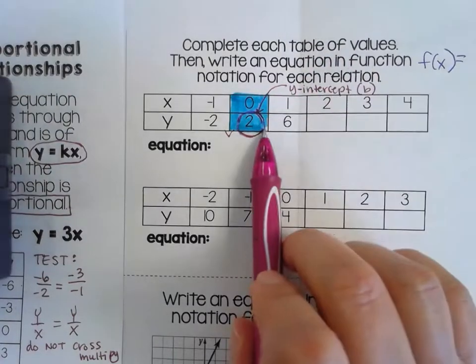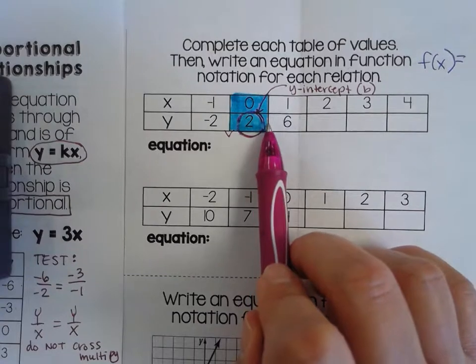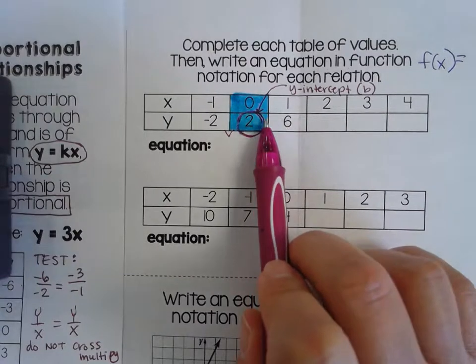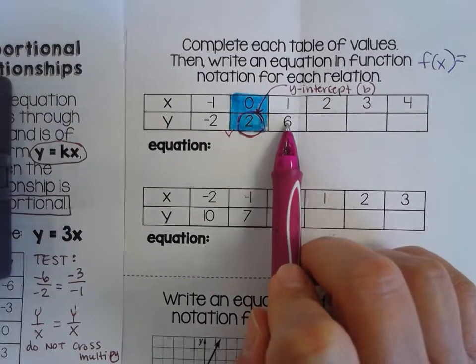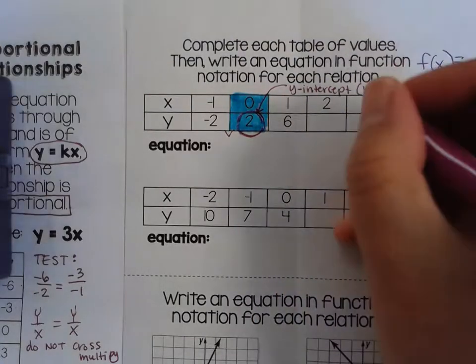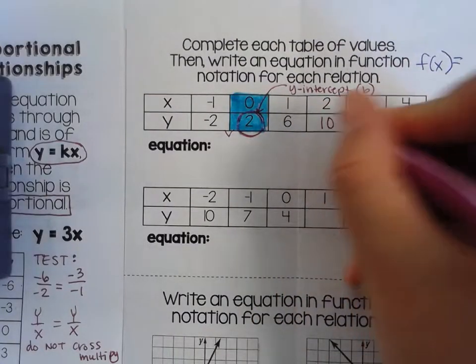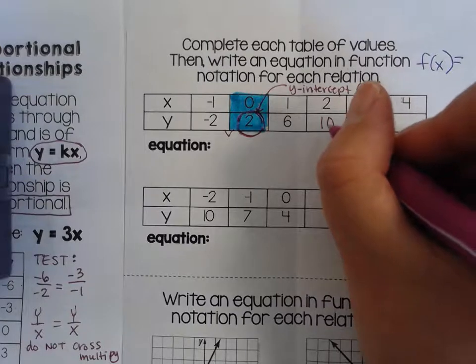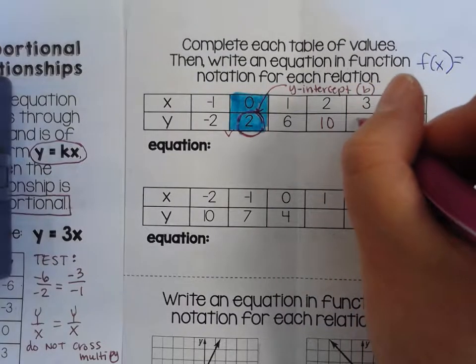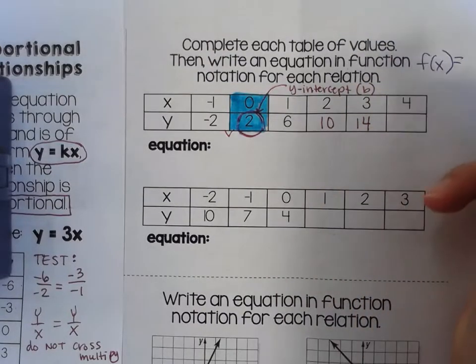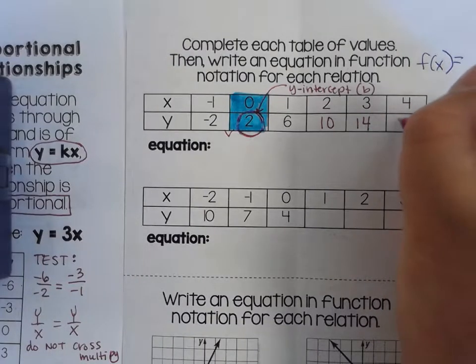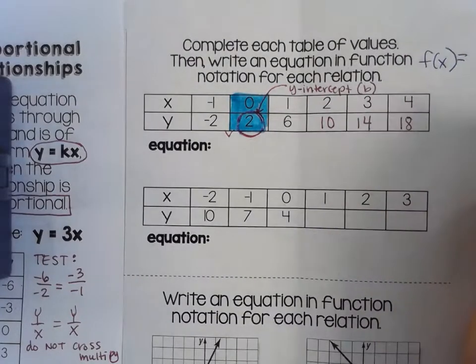So then just double checking, 2 plus 4 makes 6, and so it looks like we're changing by 4 every single time. So 6 plus 4 should make a 10. Then 10 plus 4 makes 14, and then 14 plus 4 will make 18. So that helps us finish out the puzzle.